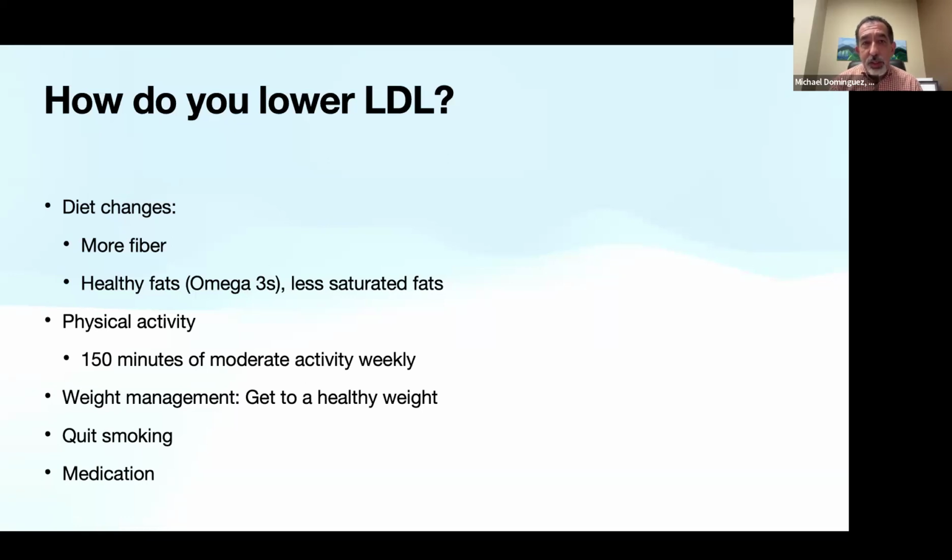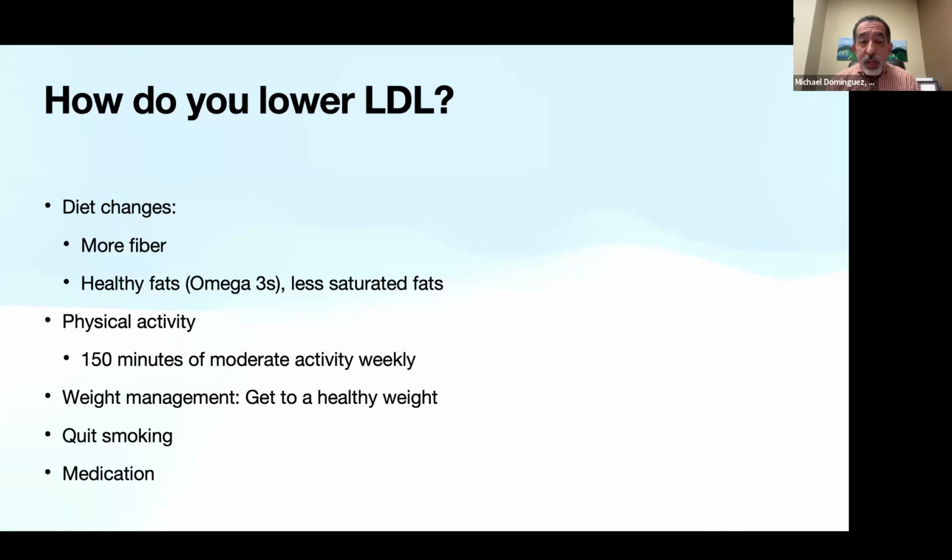Omega-3s are in fish, like salmon or trout, and eating less saturated fats. When it comes to physical activity, the current recommendation is 150 minutes of moderate activity a week. Break that up, 30 minutes a day, 5 days a week.